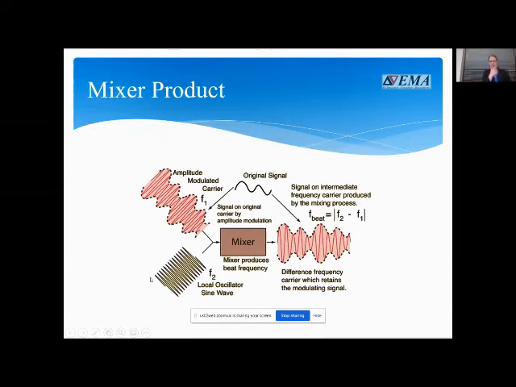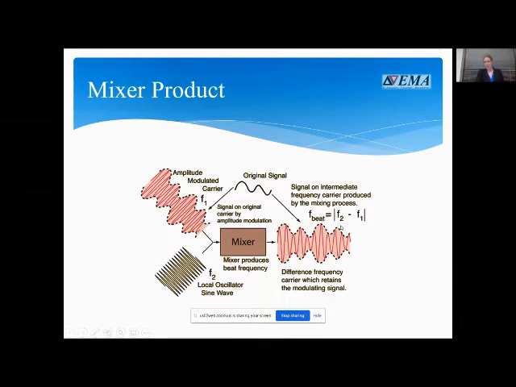And just for a little more detail about what's happening inside that mixer, this one's for an amplitude modulated signal, but it can be anything. The frequency that's picked up by the antenna, we'll call that frequency 1. And then the frequency being produced by your local oscillator, we're going to call that frequency 2. As they combine in the mixer, when you combine different frequencies of waves, sine waves, cosines, mathematically as well as actually in the hardware, you produce this product called the beat frequency, and that's what you can see here.